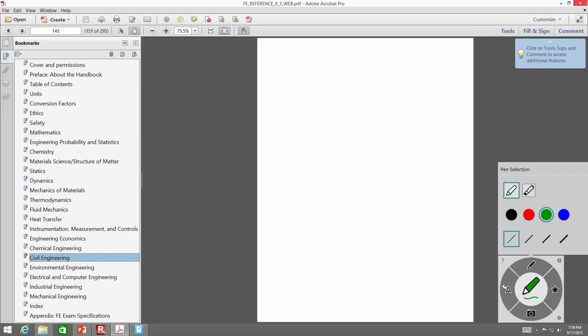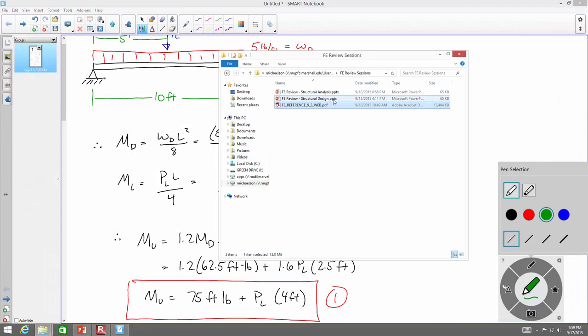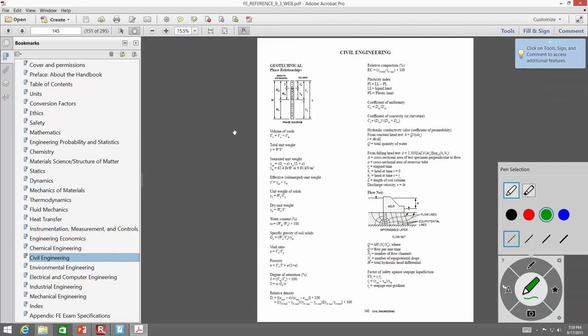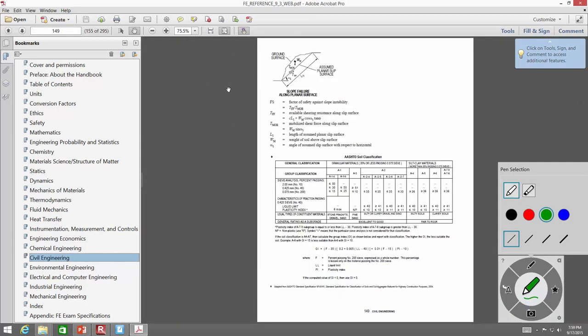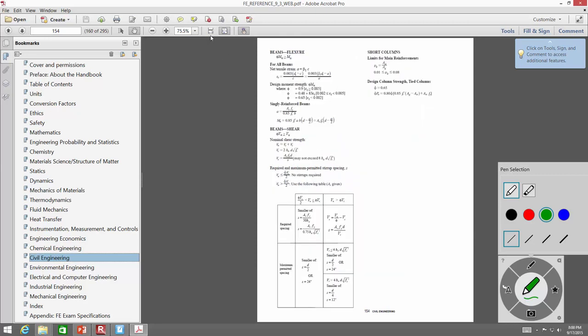Let's try that again. Okay, so here's page 1 of the handout I gave you. Here's page 2. I said page 3, it was page 2.